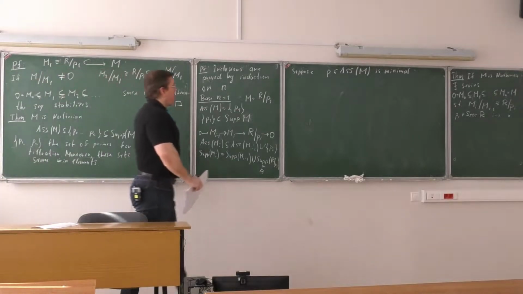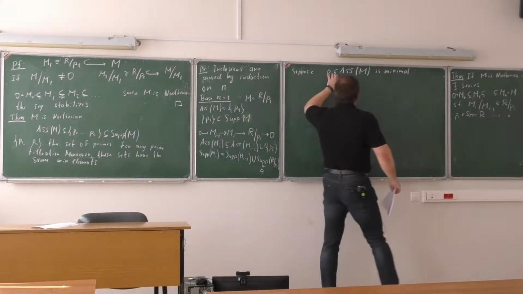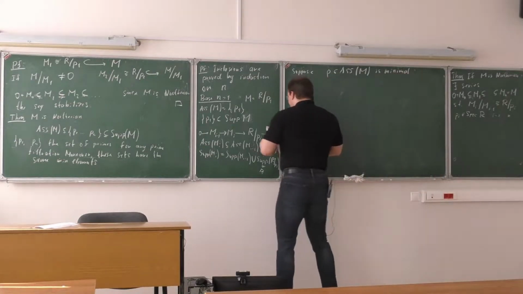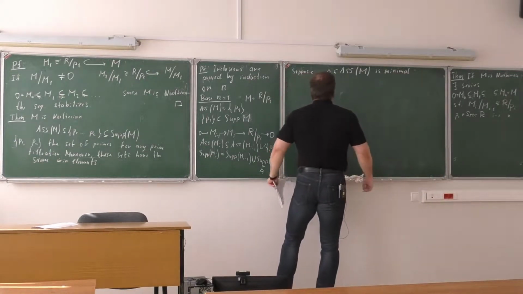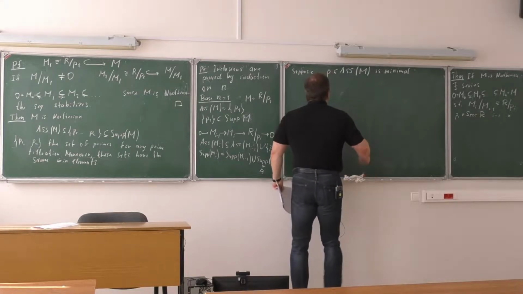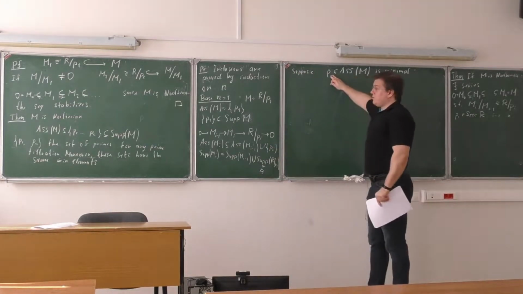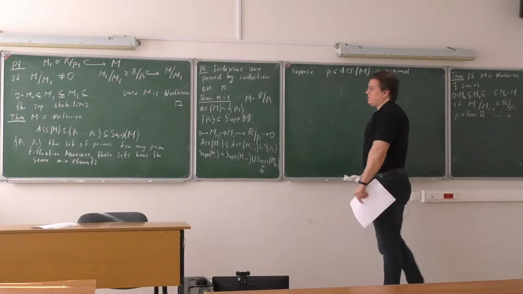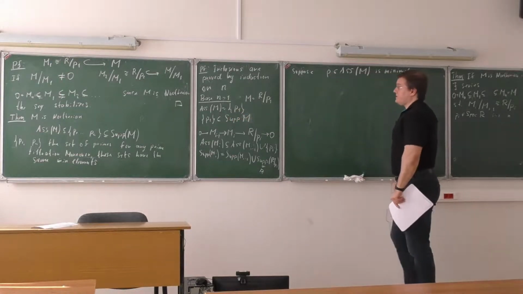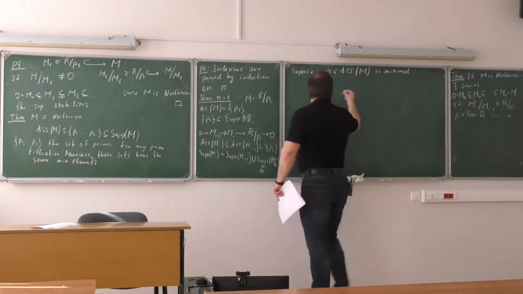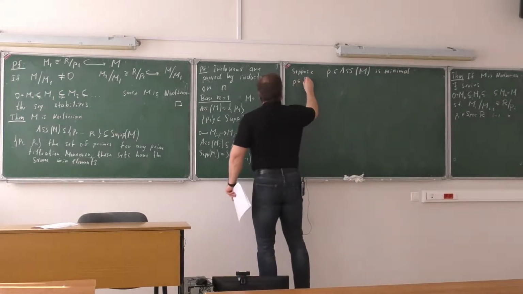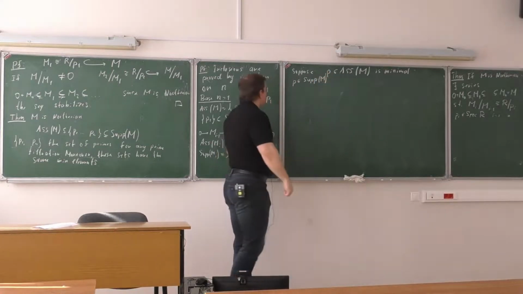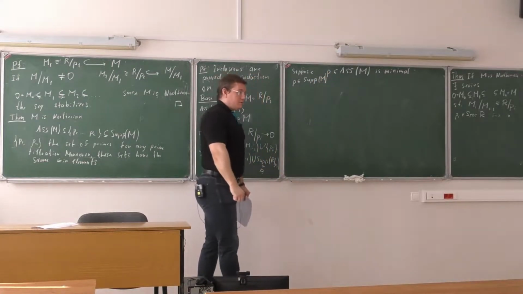So let me take P, which is associated to M and also minimal. First of all, I already know that such P belongs to the support. This follows from these two inclusions. I can again show this directly by localizing and seeing that this is not zero, but clearly this is in the support. So the question is why this stays minimal in the support.